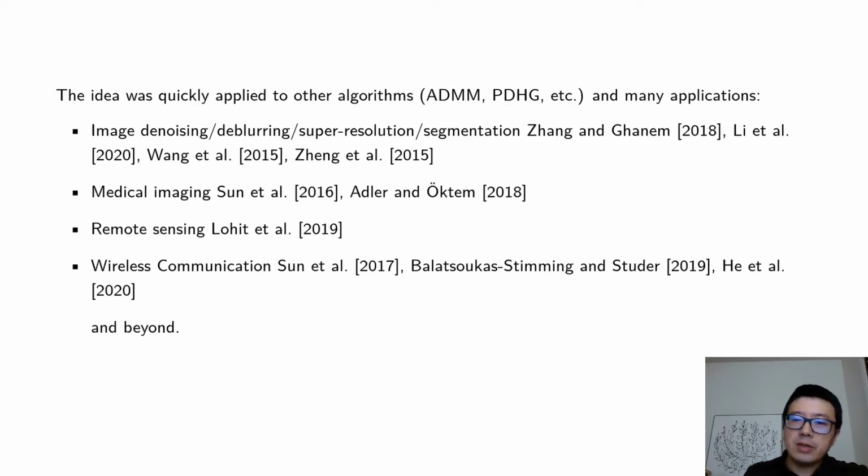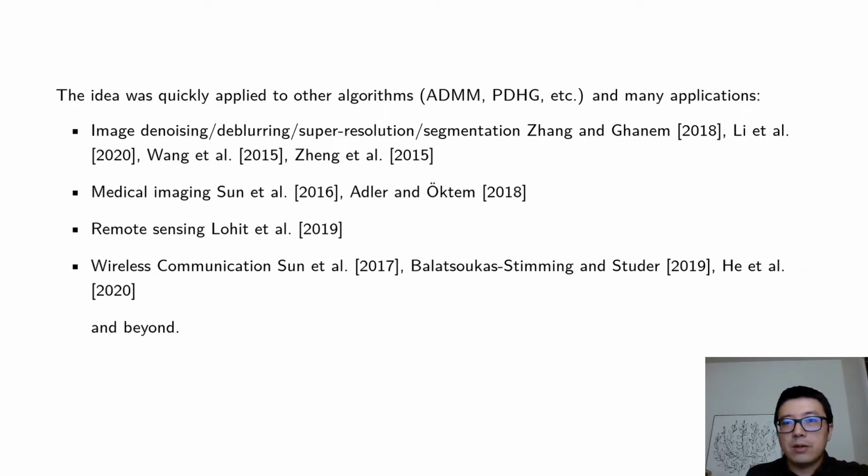So this idea was very quickly picked up by people in this community, actually in different communities. They have applied similar ideas to unroll ADMM and to unroll PDHG. ADMM stands for Alternating Direction Method of Multipliers. PDHG stands for primal dual hybrid gradient algorithm.